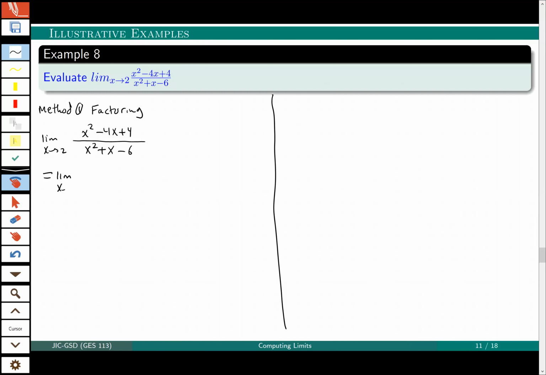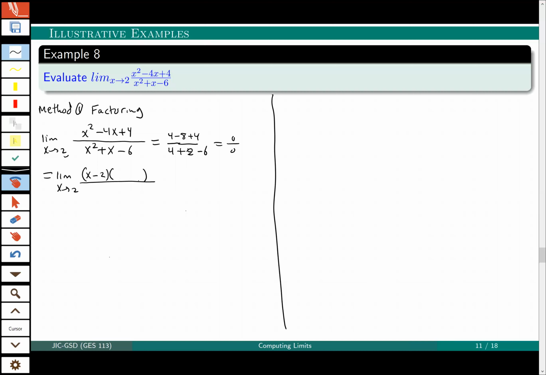According to the factor theorem, when we substitute x equal to 2, we get 4 minus 8 plus 4 divided by 4 plus 2 minus 6, which is 0 over 0. Since x equals 2 is a zero, then x minus 2 must be a factor.